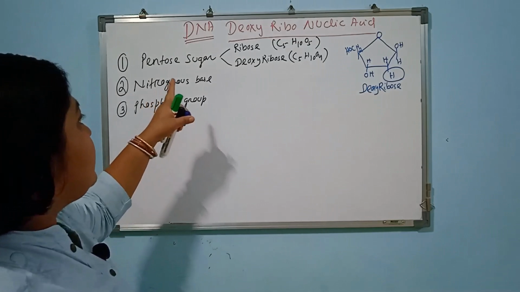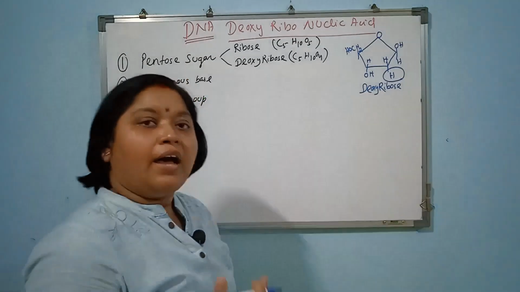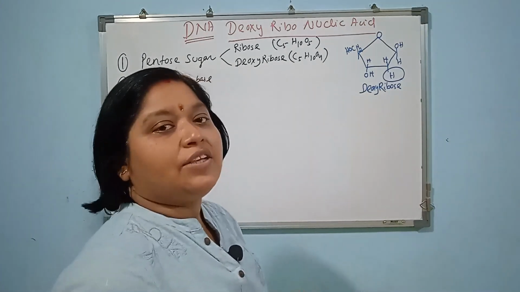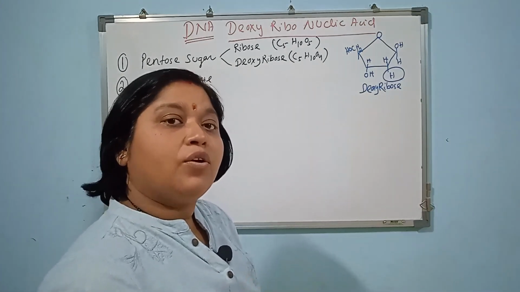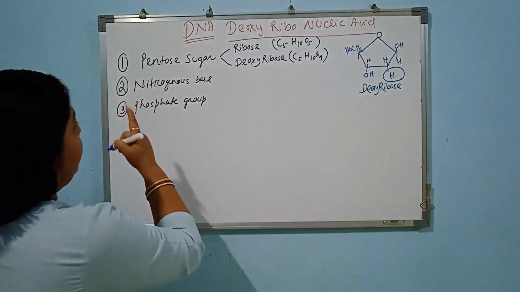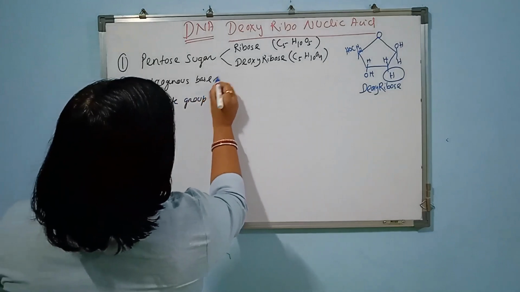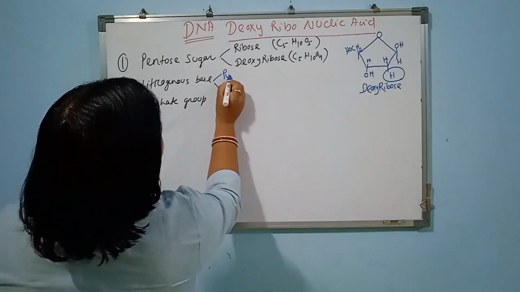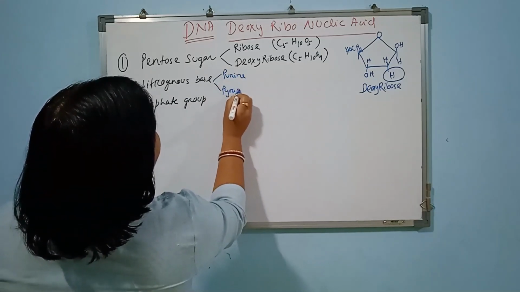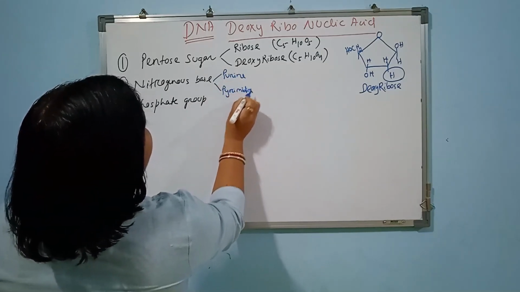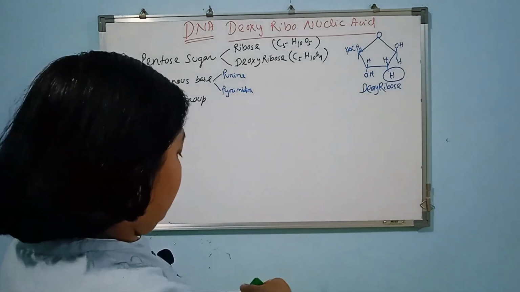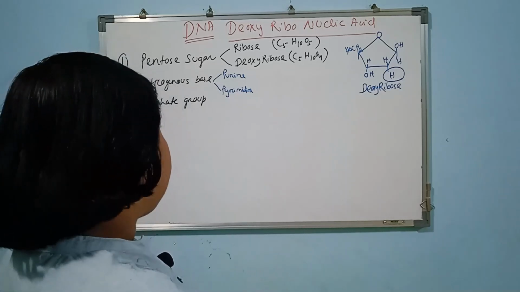Next, these nitrogenous bases are heterocyclic compounds. They contain ring-like structure. They mainly contain carbon and nitrogen. There are two types of nitrogenous bases present in cell. One is purine, the other one is pyrimidine. There are two types of purine bases present.